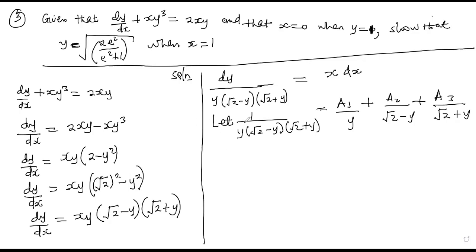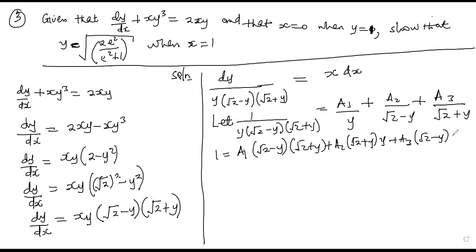Now, looking at this, we need to solve for the values of a1, a2, and a3. So when you take the LCM, it means that we shall have 1 equivalent to, there must be triple signs here, but I can say 1 is equal to a1 into root 2 minus y times root 2 plus y, plus a2 into root 2 plus y, times y, plus a3 into root 2 minus y, times y.